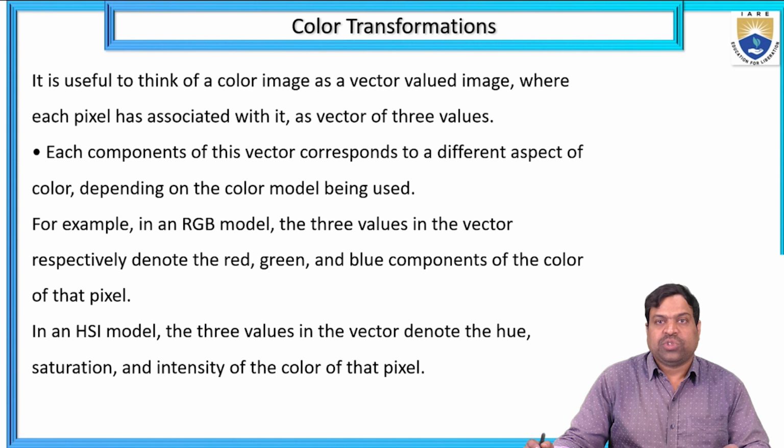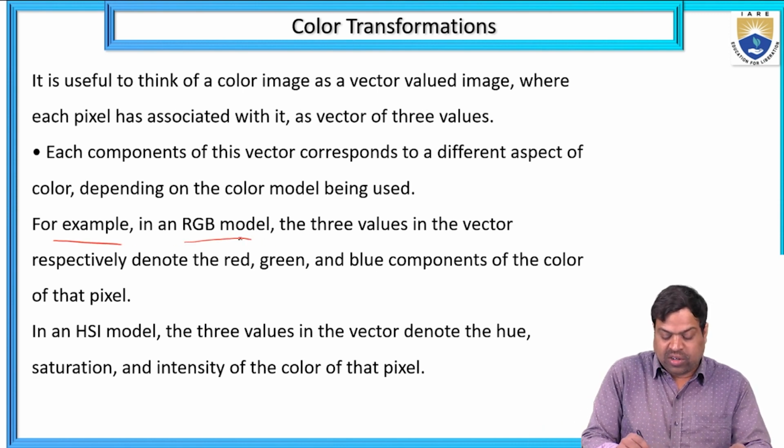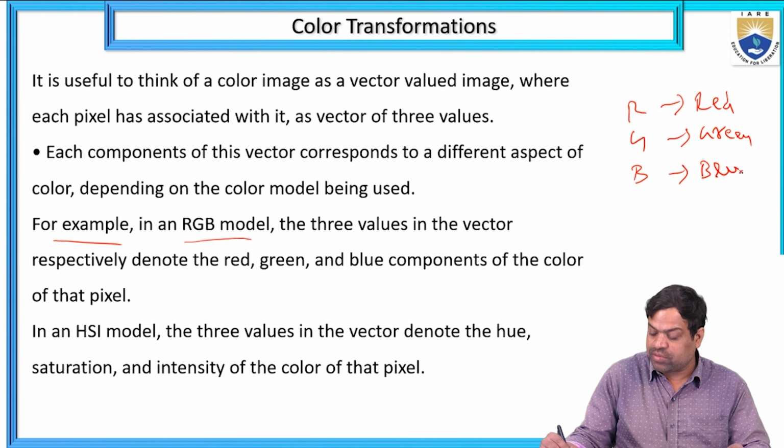Color transformation is useful to think of a color image as a vector valued image, where each pixel is associated with a vector of three values. Each component of this vector corresponds to a different aspect of color, depending on the color model being used. For example, RGB means red, green and blue.